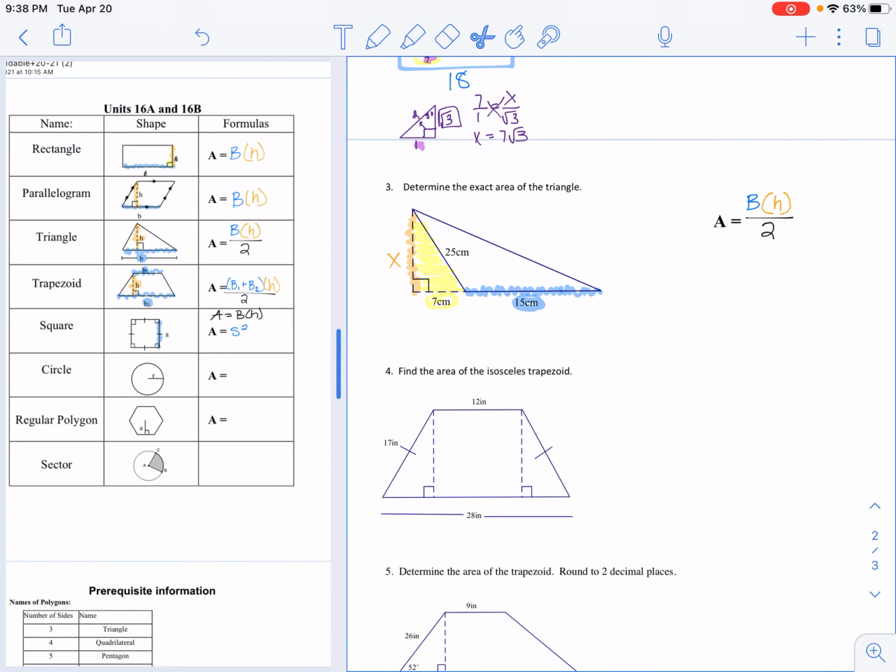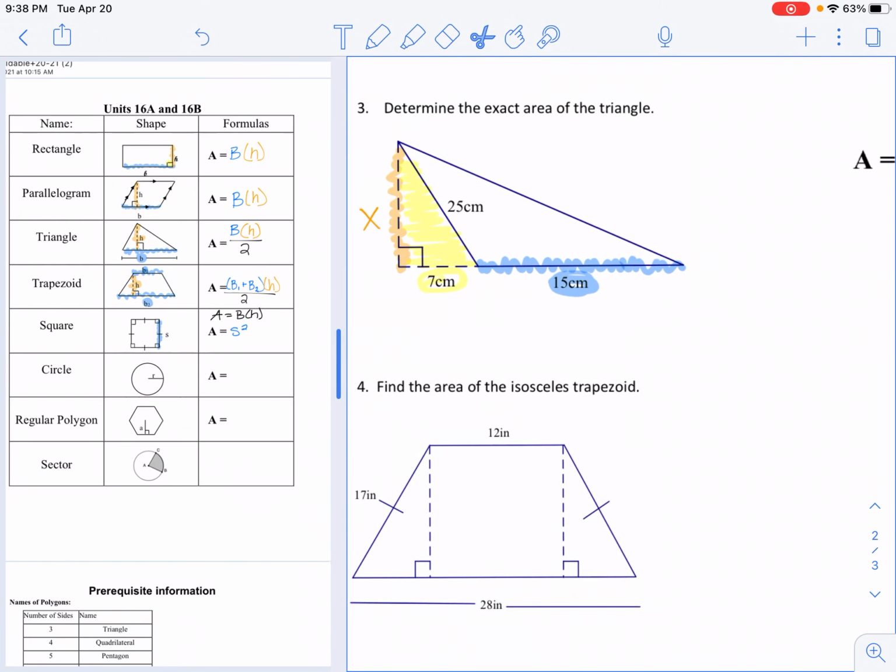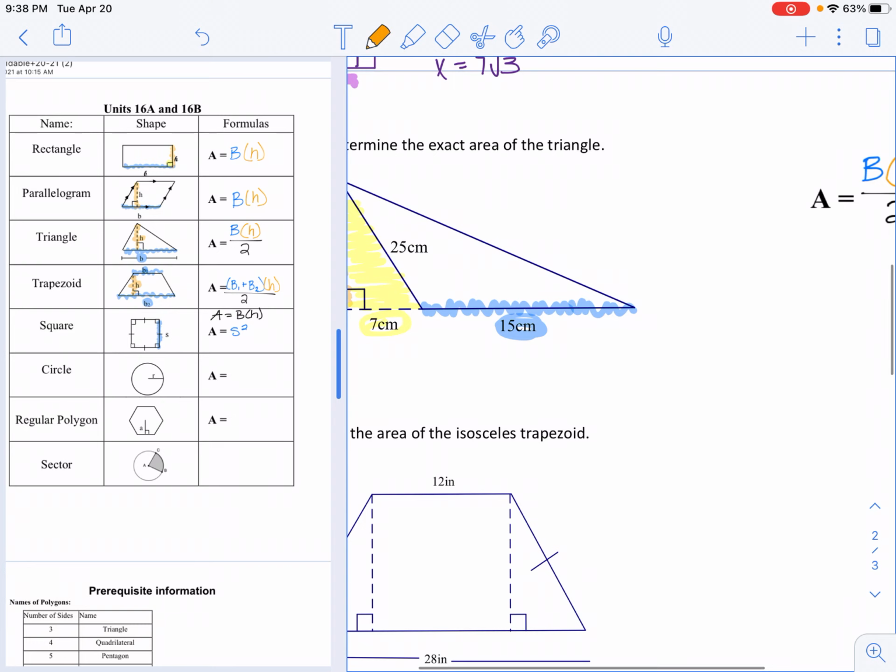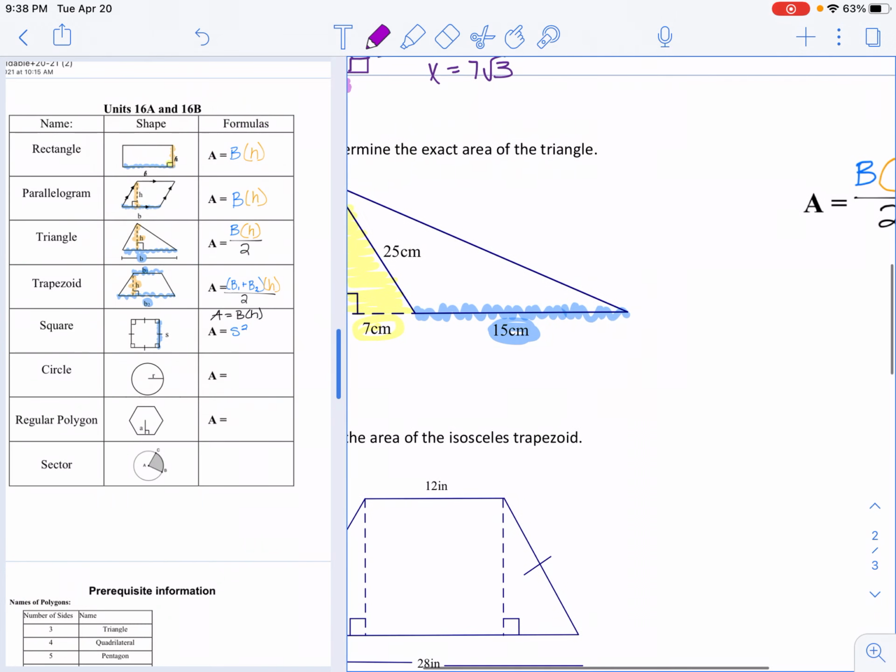When using Pythagorean theorem to find our missing height, we want to remember that we're going to use leg squared plus leg squared equals hypotenuse squared. The length of one leg is x because that's your unknown. Your other leg is 7, and that's going to equal your hypotenuse squared, which is 25.